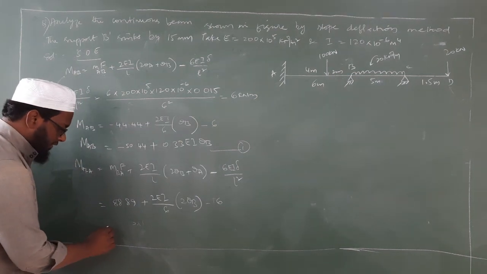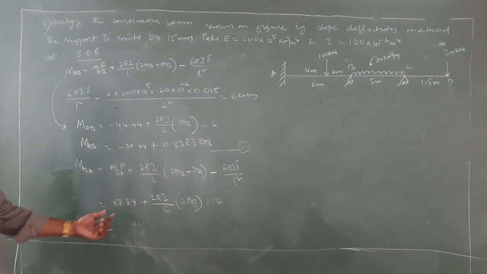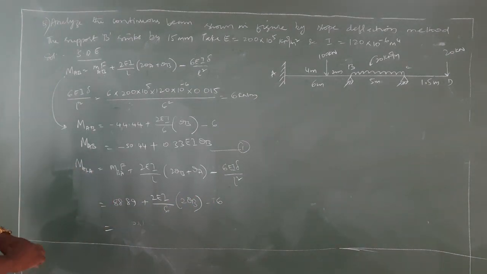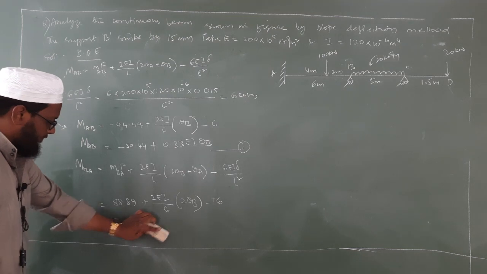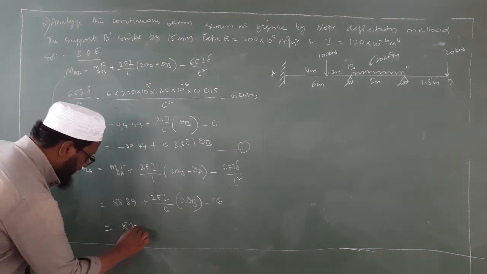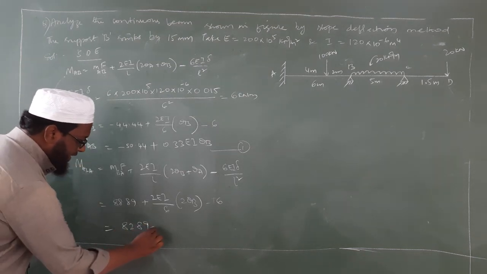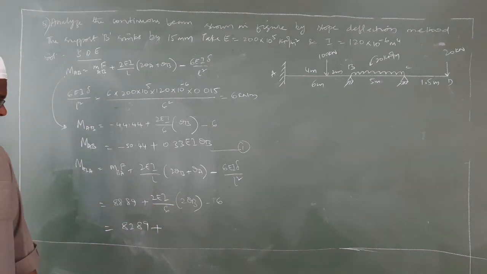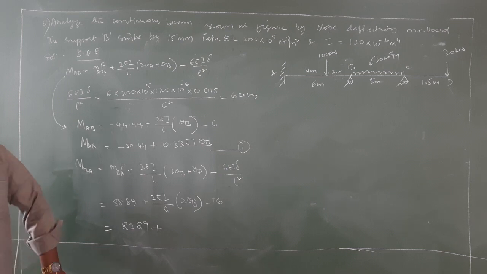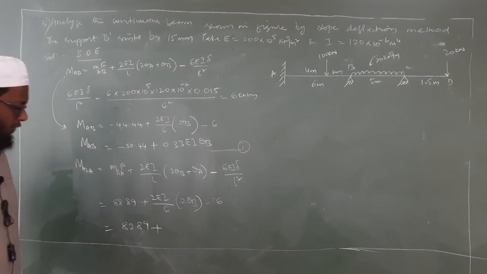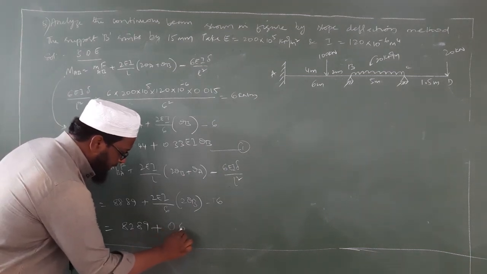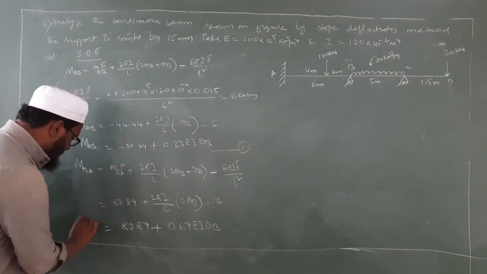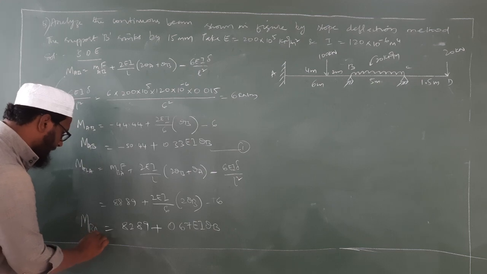Okay. So can you solve this one? 88.89 minus 6, 82.89? Yes? 82.89 plus 4 by 6 is how much? 4 by 6, 0.67 EI theta B. This is capital MBA.